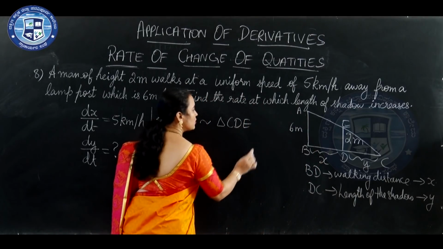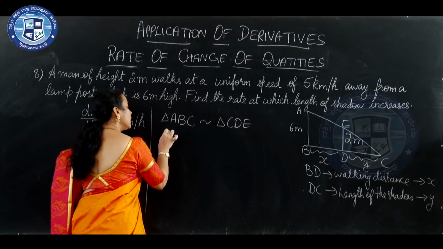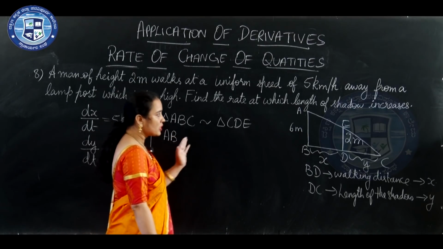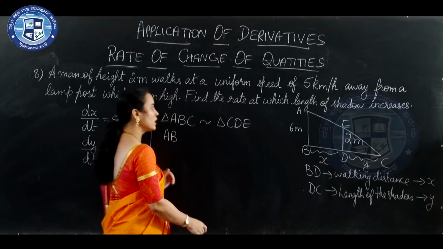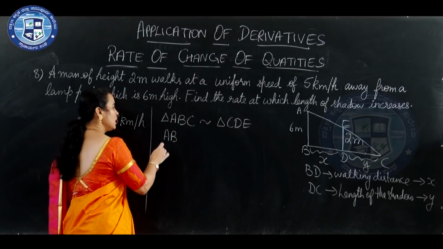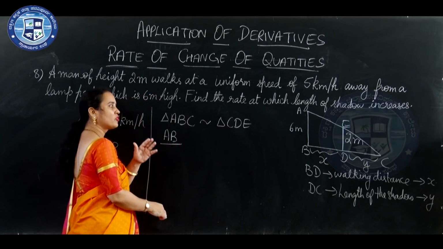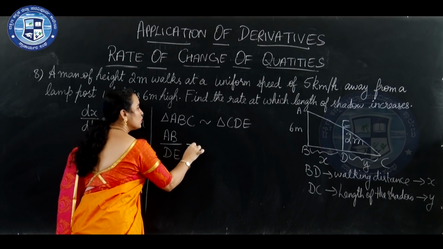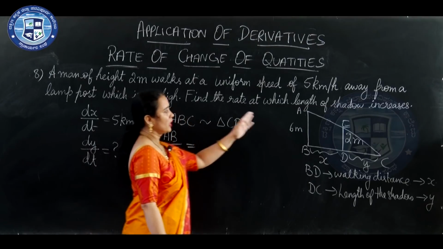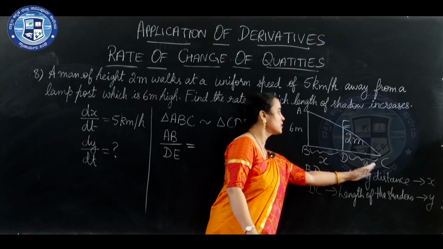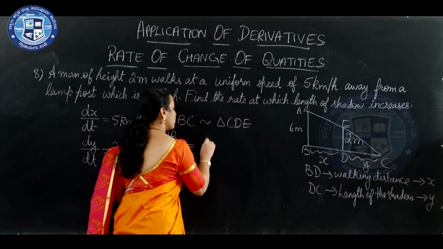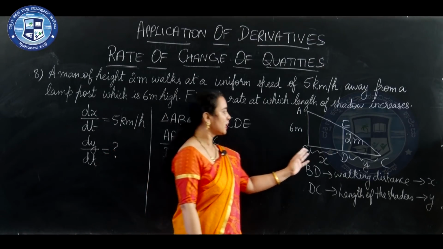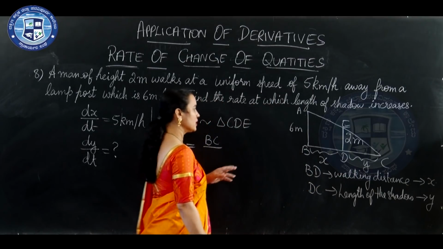So let's take the triangle ABC. In triangle ABC, I will take the side AB. So correspondingly take triangle CDE. The corresponding side of triangle CDE will be DE, which is equal to, in triangle ABC take the side BC, and in triangle CDE take the corresponding side as DC.